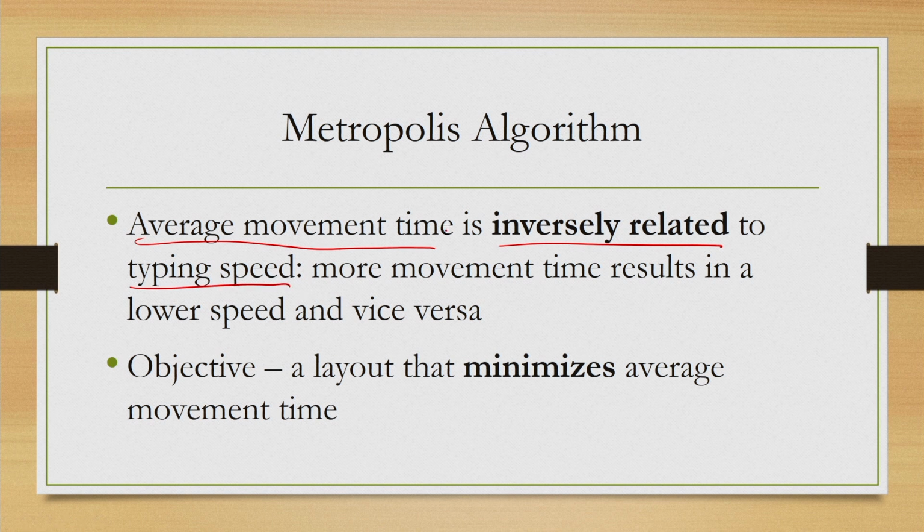So, the more the movement time, the lower is the speed and vice versa. Our objective is to take to a layout that minimizes the average movement time, so that the typing speed maximizes, and minimization of the average movement time indicates that the objective of the algorithm is to take the keyboard system to an energy state having the lowest energy.